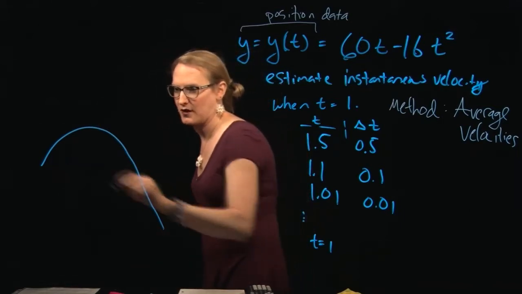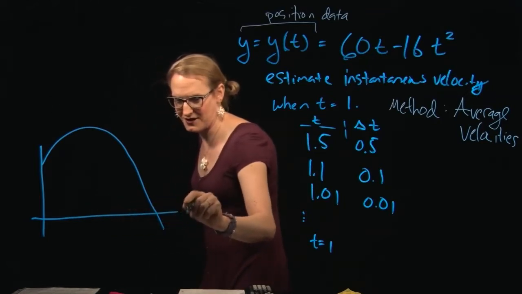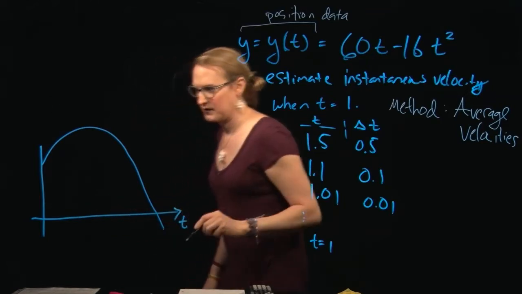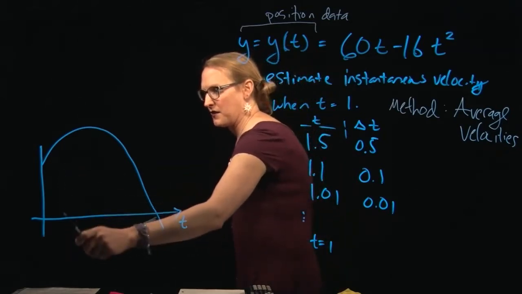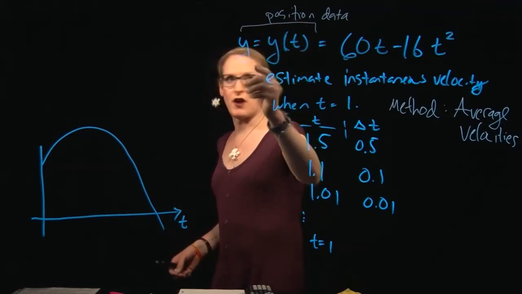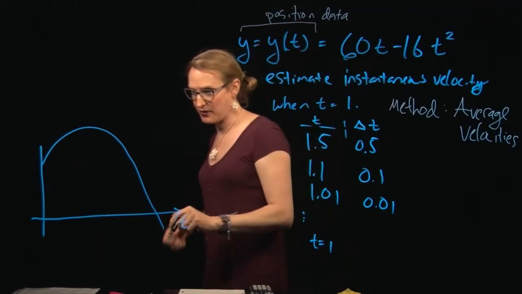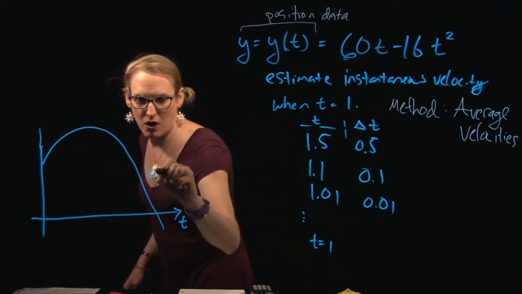It's a downward opening parabola, not to scale. That's our t-axis. The height of this function is the height of an object that's traveling along this path. So this curve right here is y of t.